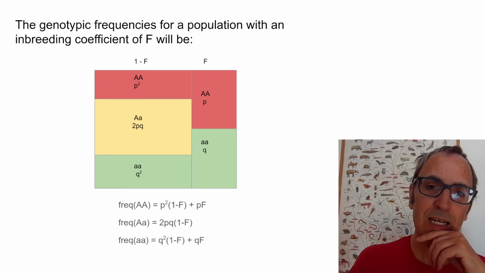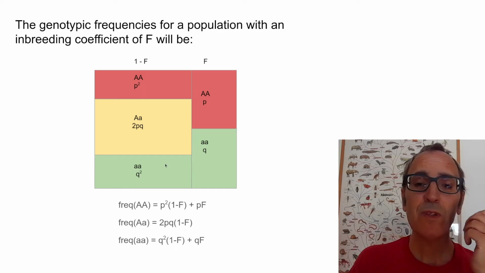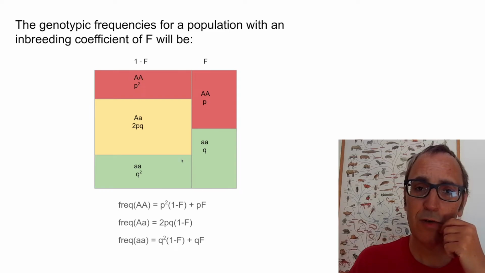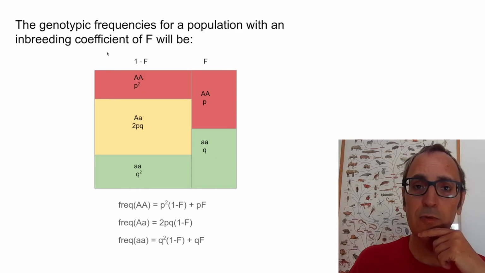You can think about this fixation index as if you had two contributions to the genotypic frequencies. One due to individuals that have crossed, and another one that is due to individuals that do not cross at all. This would be an extreme population in which you have two kinds of individuals.